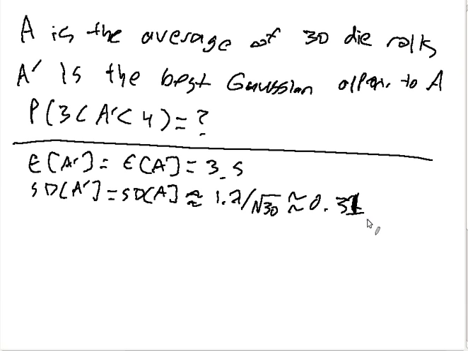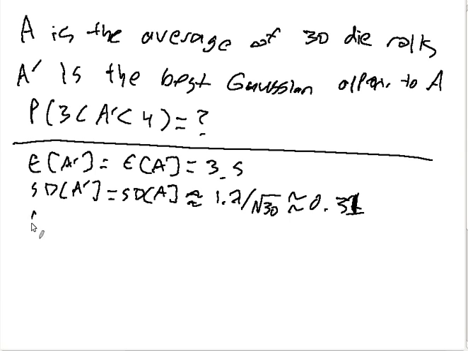My handwriting is terrible, I know. So now our question amounts to, what's the probability that A prime falls within a certain number of standard deviations of its mean? Note that the interval we're looking at is centered on the mean of 3.5. How many standard deviations? Well, this comes to a distance of 0.5 out from 3.5, both above and below.